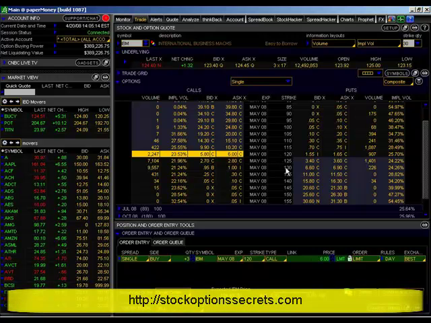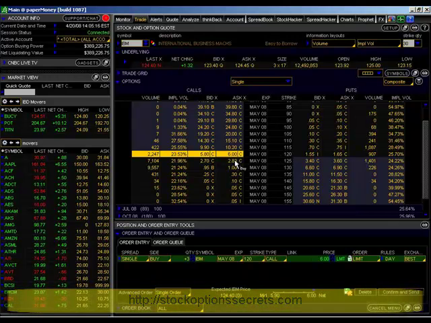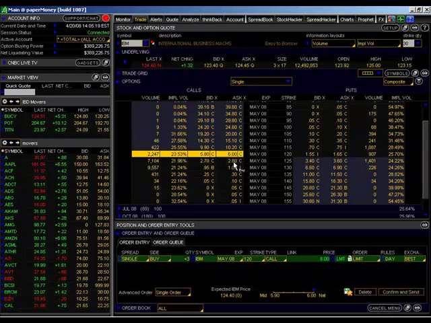So your $2.80 option will go to $6. But if you wanted to sell it, you'd get $5.80. So what's the difference between $5.80 and $2.80? $3. And that would be your profit if IBM went up tomorrow to $130.